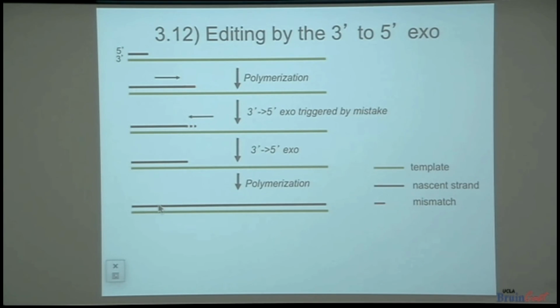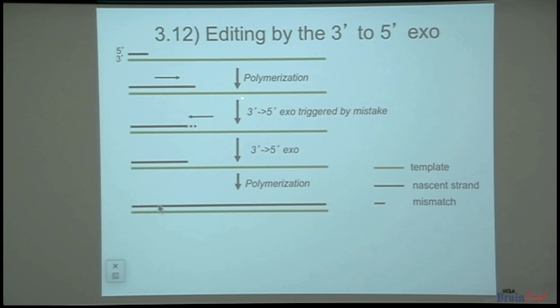Here is what I mean by editing. Here's the template strand, here's the primer. The primer is being extended. And let's say that we make a mismatch. The DNA polymerase makes a mistake and incorporates some mismatch indicated by this little red part here. That then triggers the polymerase to go into the degradative mode.